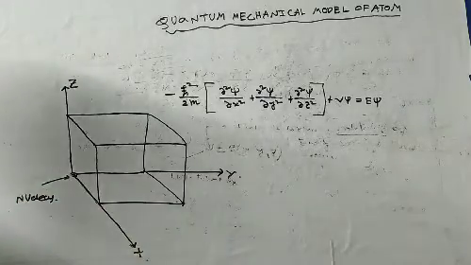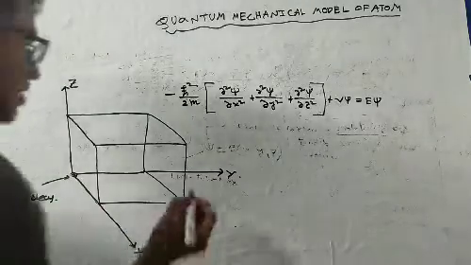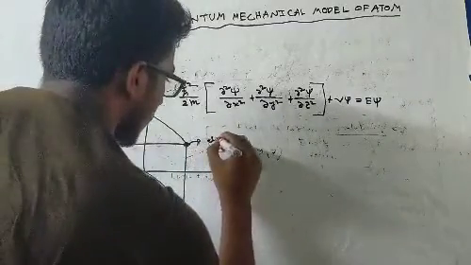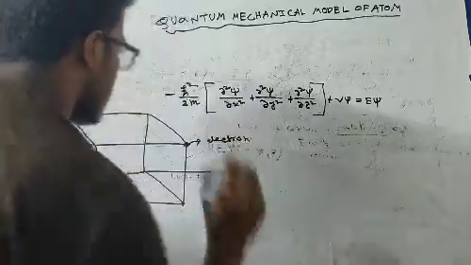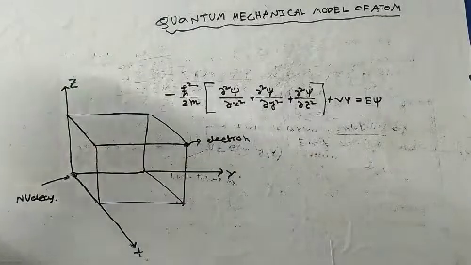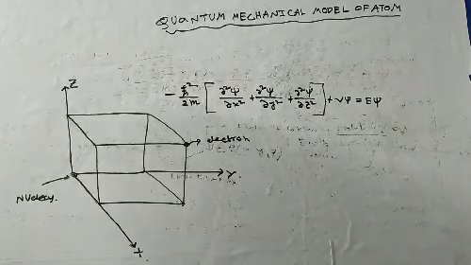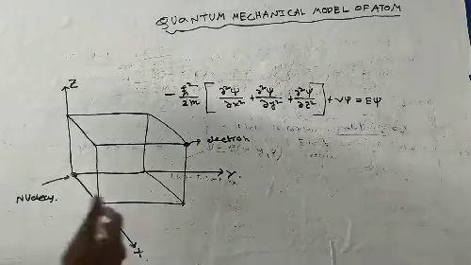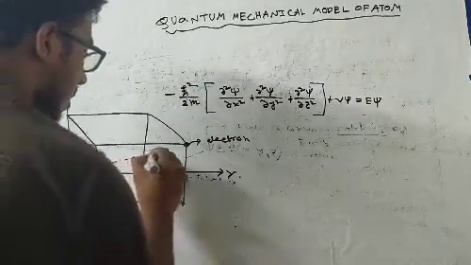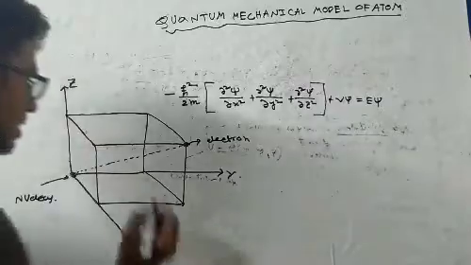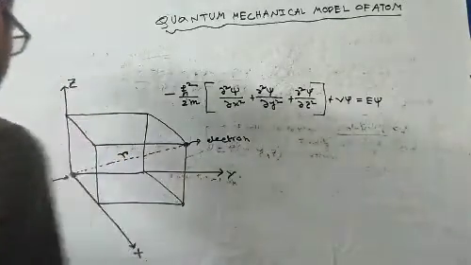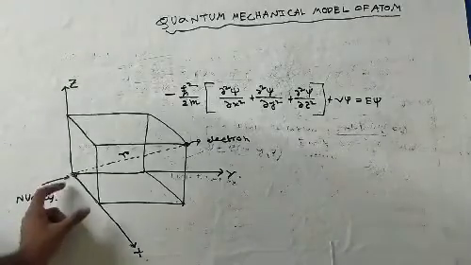Now let's say the electron is present at the opposite corner of the cube. So that means this is the body diagonal. Let's say this body diagonal is r.